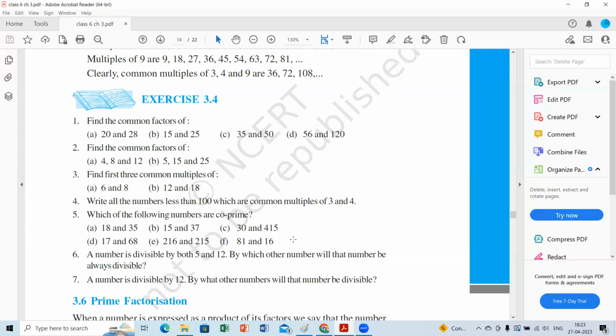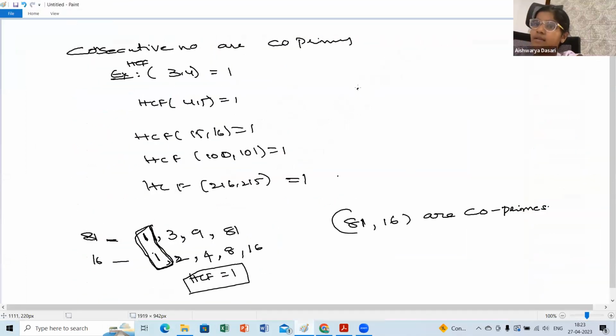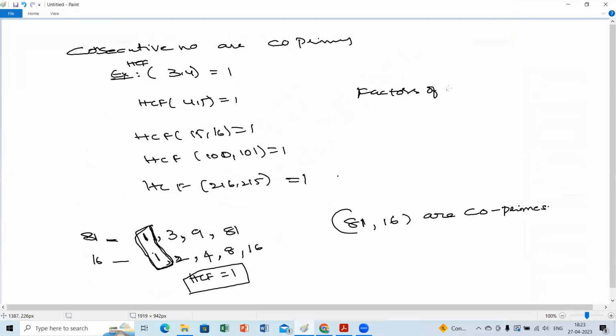You have to write the factors of 12. What are the factors of 12? 1, 2, 3, 4, 6 and 12.